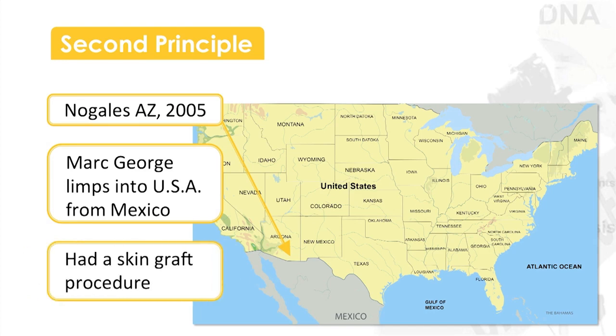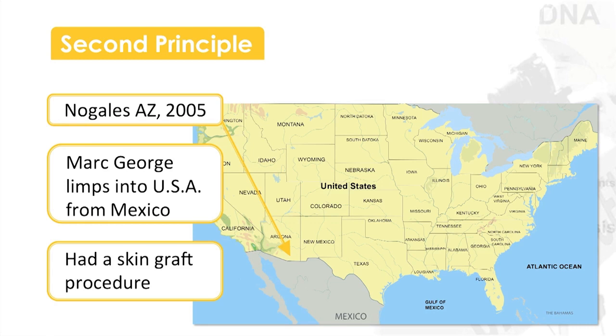He got a doctor to graft skin from his feet onto his fingers. The mistake he made was to try to re-enter the United States before his feet had healed up properly, and his limping gave him away, and he was identified and arrested.